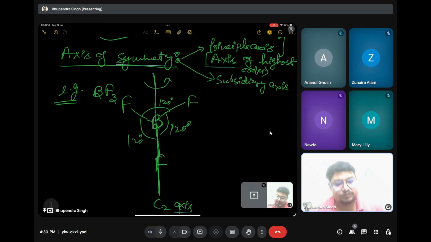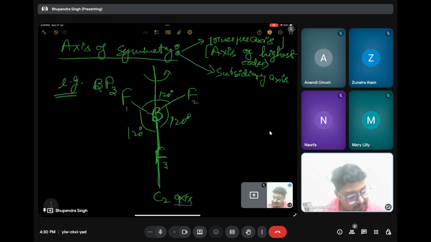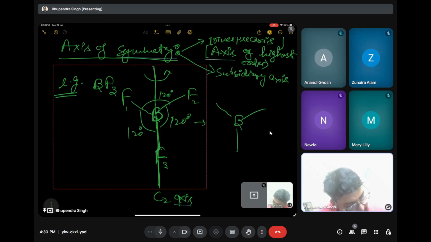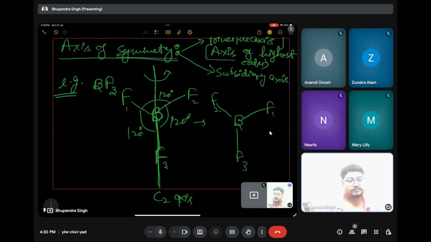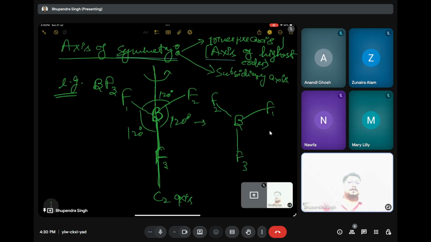So these two are not going to change their position, but fluorine 1 and fluorine 2, let's say, will change their position. As I have already told you, how many atoms are changing? Only 2. So which axis should it be? It will be a C2 axis.